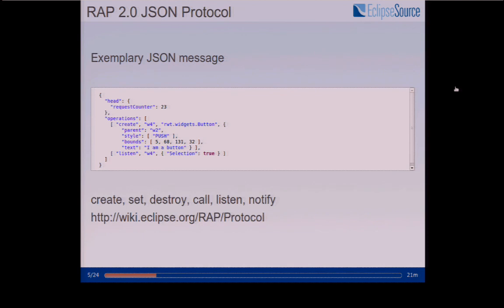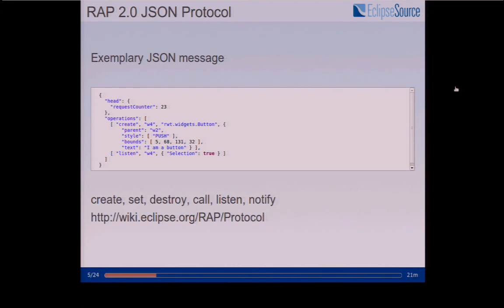In this case, it's a create operation, and it creates widget 4 with an ID W4, and it's a button, a push button, with a text property on it. And the second operation is we are attaching a selection listener on the same widget to get information about selection events.